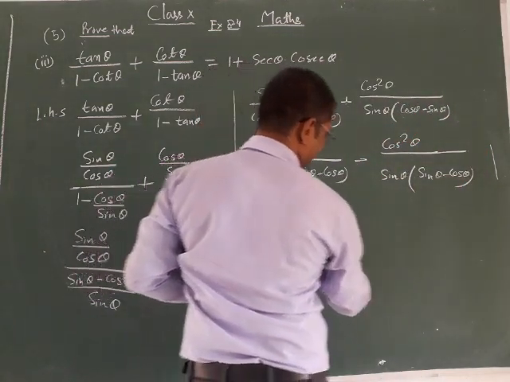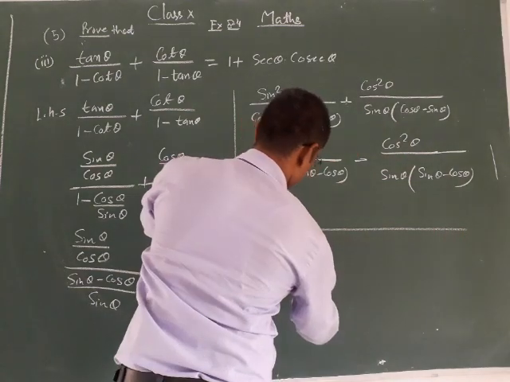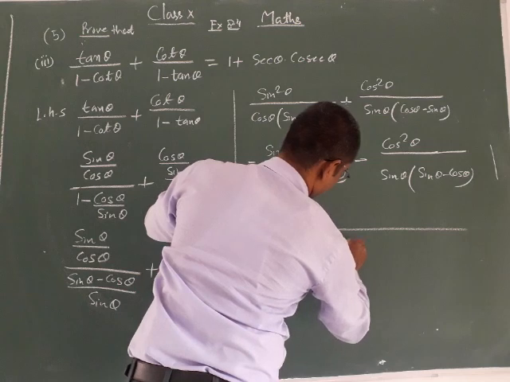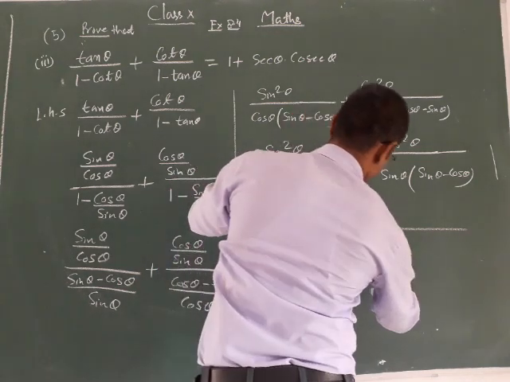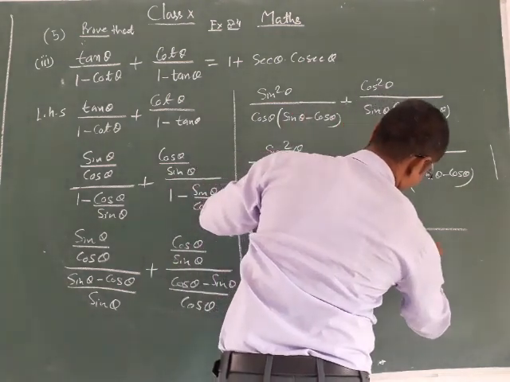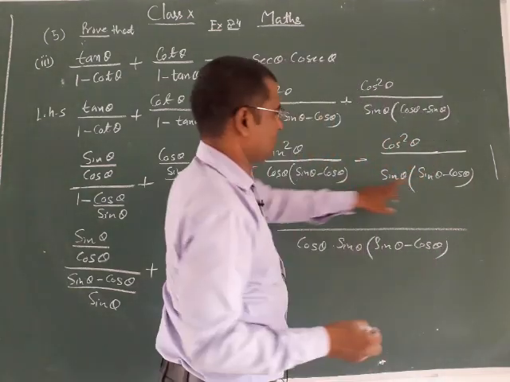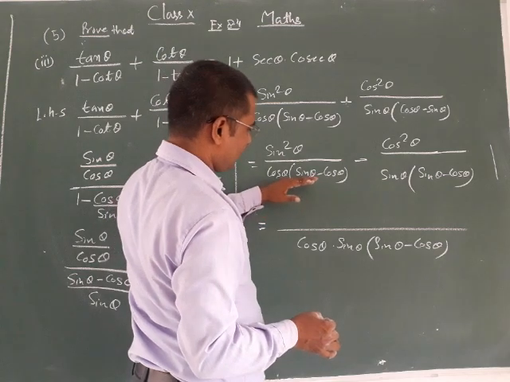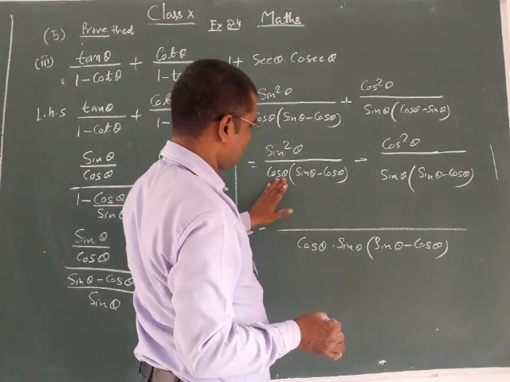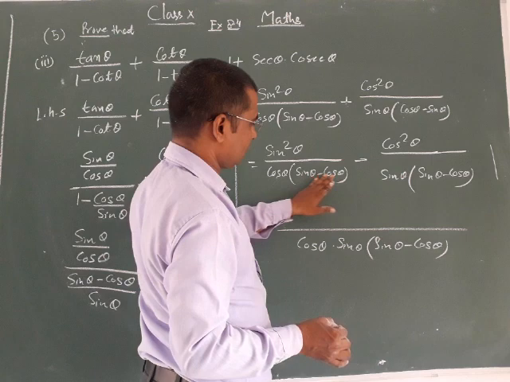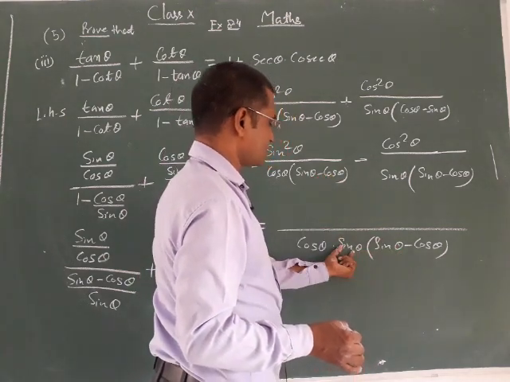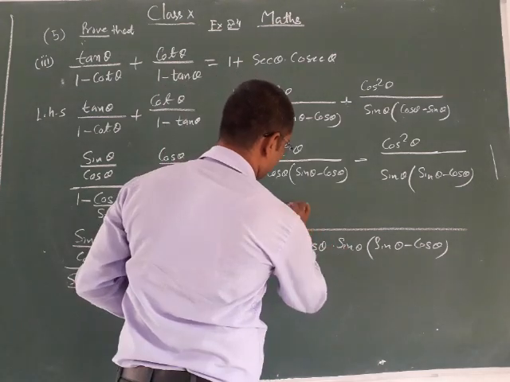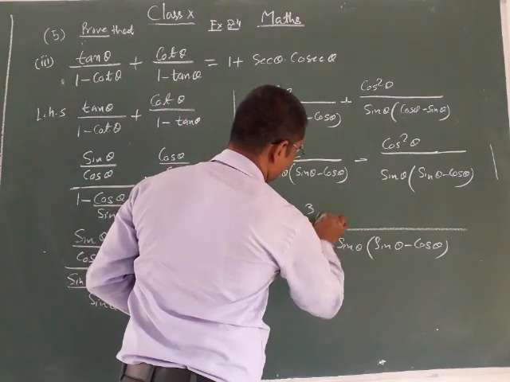Also taking LCM, cos theta into sin theta, and sin theta minus cos theta are the same. Dividing, cos cancels out, sin minus cos cancels out, rest sin theta, so sin square theta multiplied by sin theta gives sin cube theta.